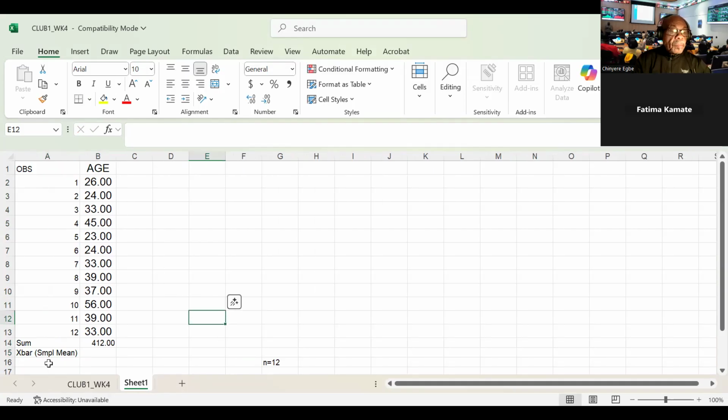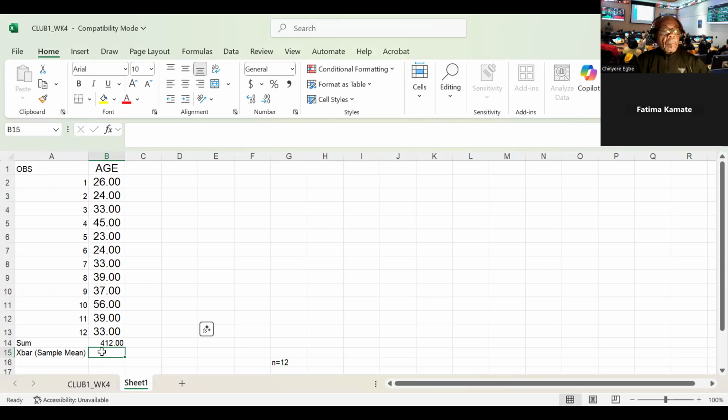The sample mean is equal to B14 over 12, which is the sample size.